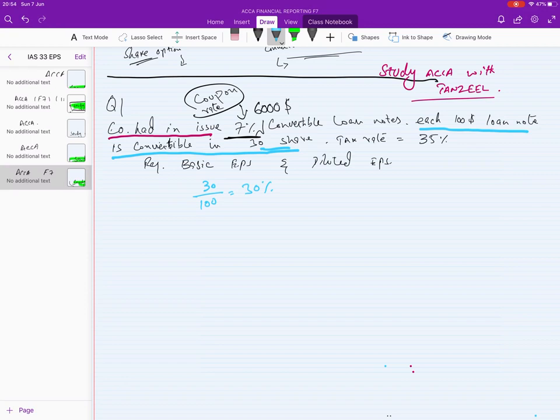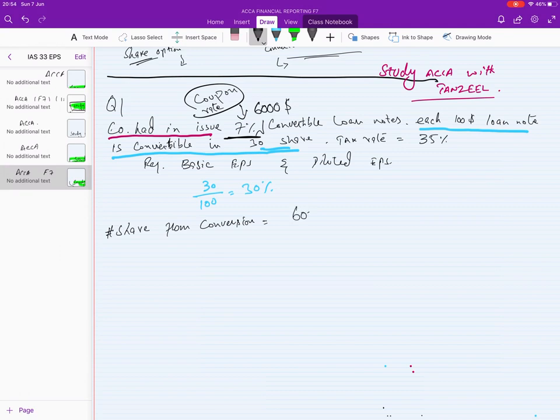Now we need to calculate the number of shares from conversion of the convertible loan notes. If this what-if scenario happens, how many shares will we have to give in return?